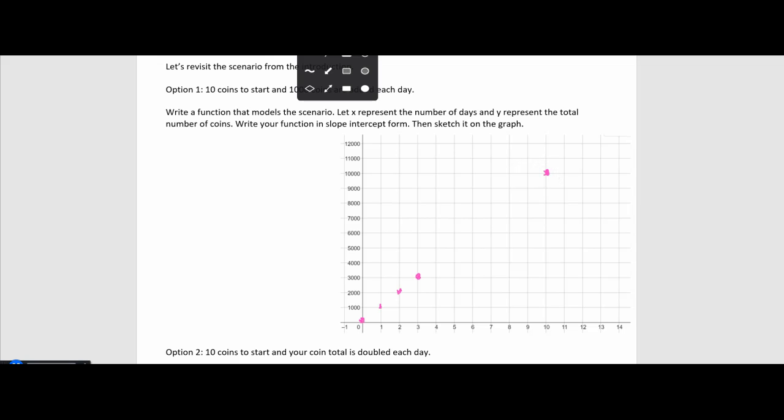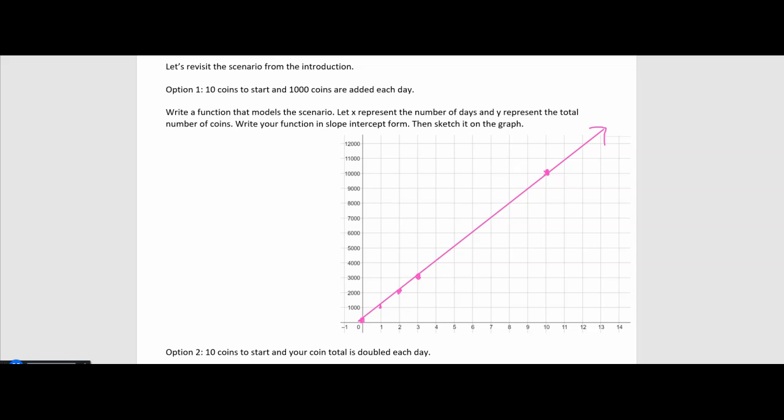So this is going to look like a nice line. You get something that looks like this. And to be fair, I should cut this off at 0 because we're not going into the negative numbers. So it just looks like that.